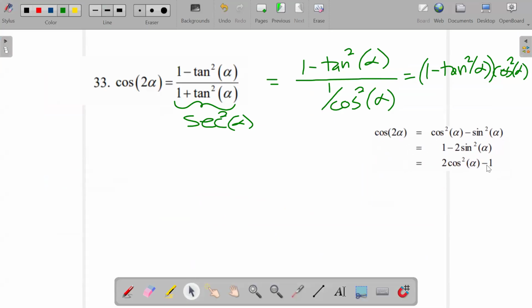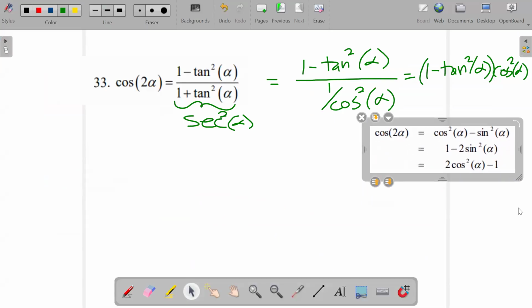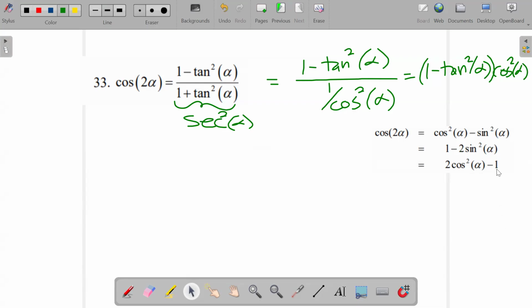Okay, cosine squared. So I'm thinking one of the ones with a cosine squared might help. Do I really want to introduce a sine squared also at this point? I'm leaning toward the third one. What do you guys think? And again, I could be wrong, and then I'll go back and try the first one. So just try something.